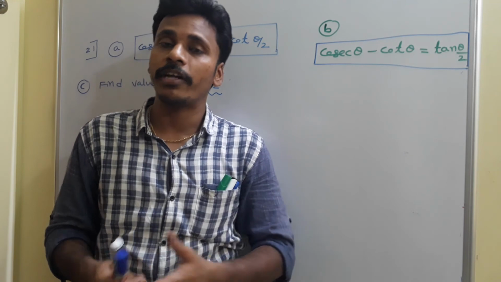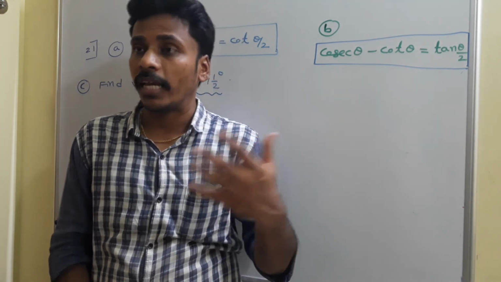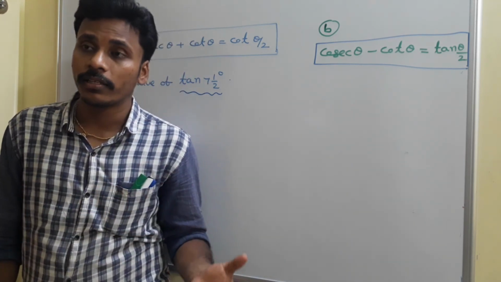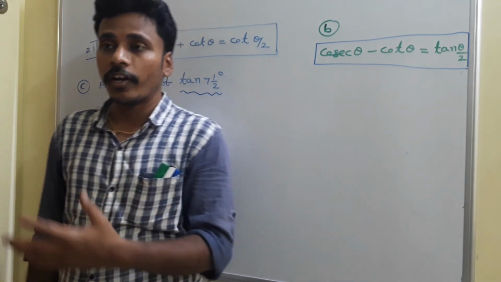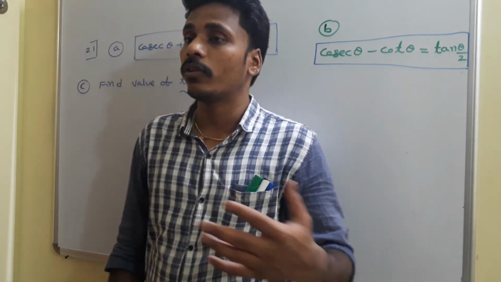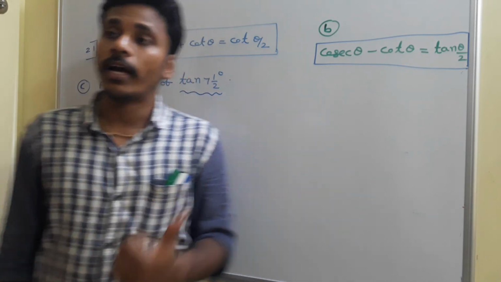All these values I mentioned in the previous videos, as well as sin 18 and sometimes sin 36, 54 degrees and 72 degrees. For all these angles, for different trigonometric ratios, we found the values. You need to memorize all these things. But now we are going to find what?